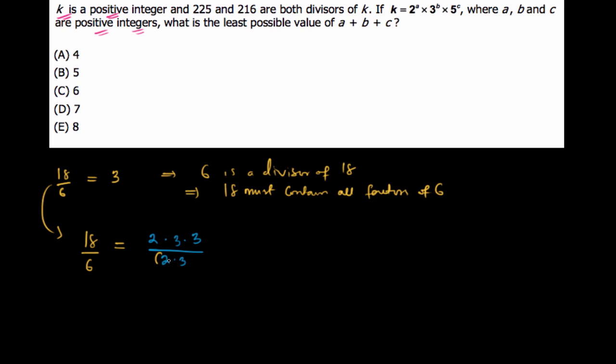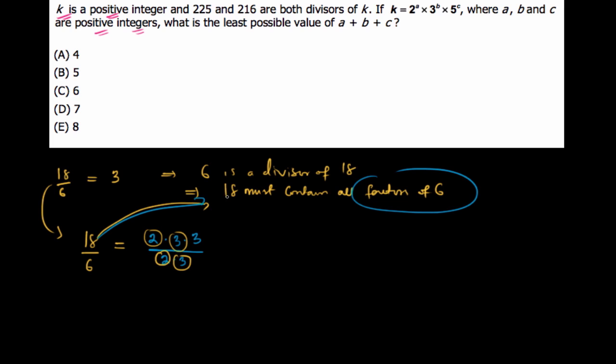So what you'd observe is this is 2, this is 3, this is 2, this is 3. So for the mere fact that 18 is divisible by 6, that implies that 18 must contain all the factors of its divisor. So anytime you're told that a particular number has a divisor, it implies that that number must contain all the factors of that divisor.